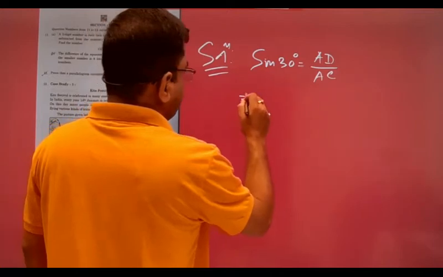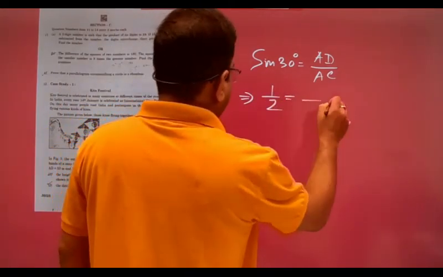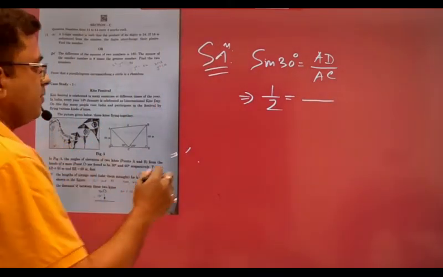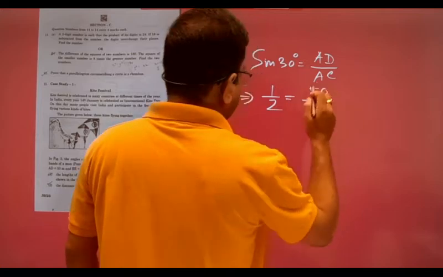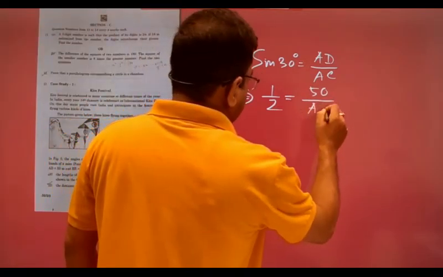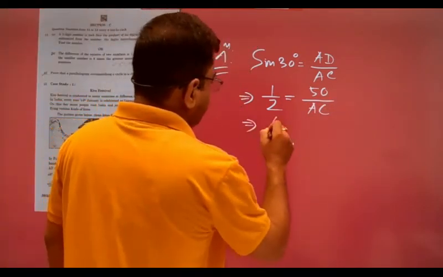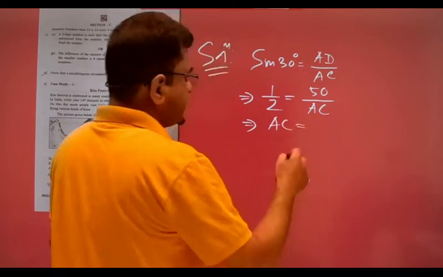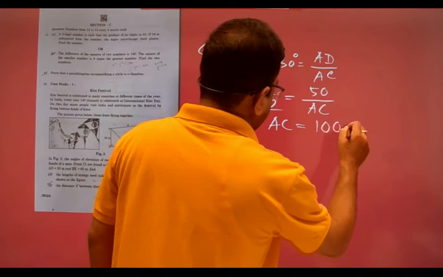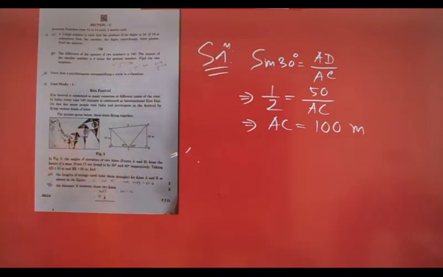We know sine 30 equals 1 by 2, and AD, the height of the first kite, is given as 50 meters. AC equals how much? You need to find the length of the string. If you do the cross multiplication, you get AC equal to 100 meters. So this is the length of the string for kite A.